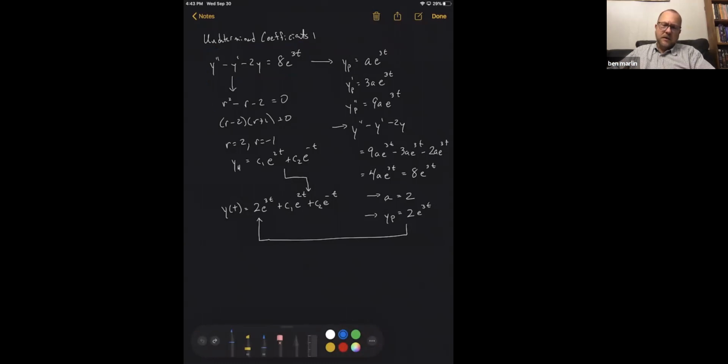And that's something we can factor nicely, and the roots of the polynomial are r equals 2 and r equals minus 1. And once we know that, then we can see that the y sub h is just going to be c1 e to the 2t plus c2 e to the minus t. So it's relatively easy to get our homogeneous solution there.